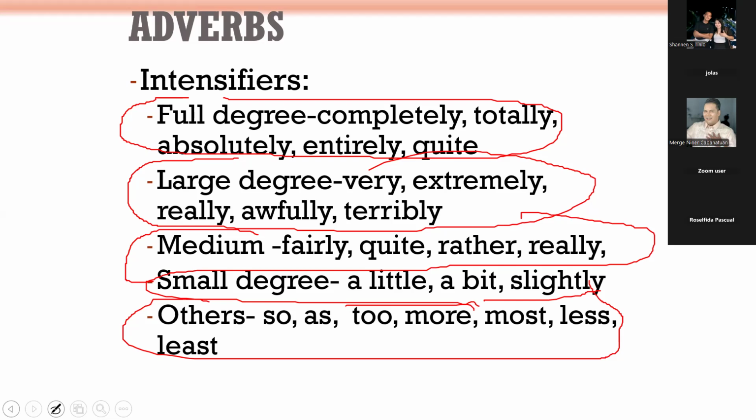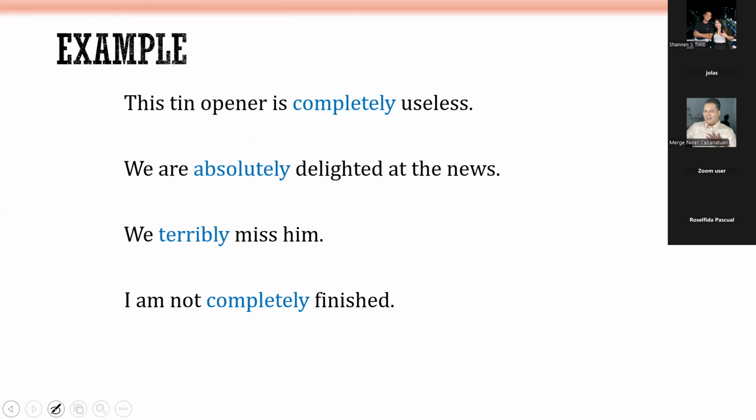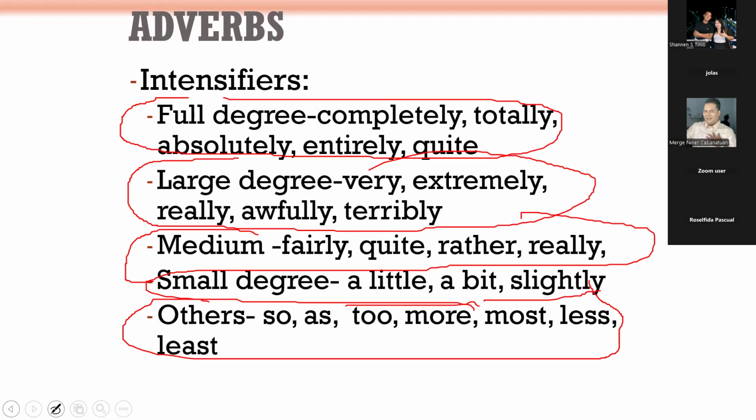So, please practice making an example using an adverb with an intensifier. Okay? So try to make one sentence using full degree, large degree, medium, small, and this one. So it's a total of 5 sentences. Okay? Go ahead.